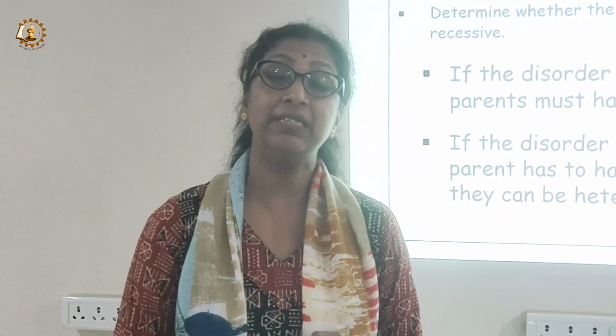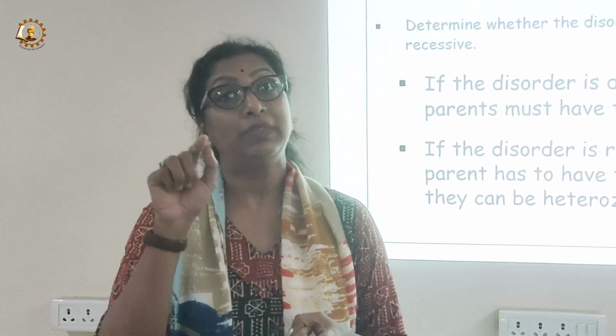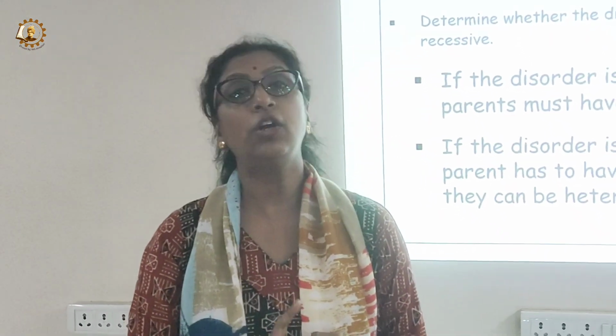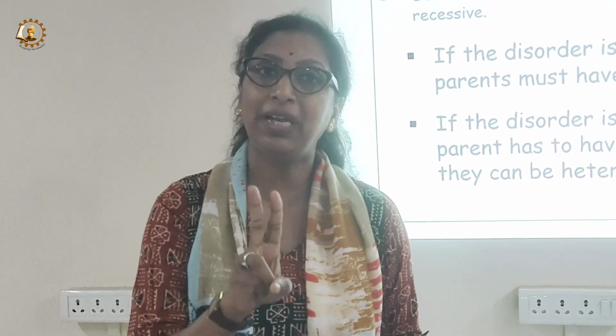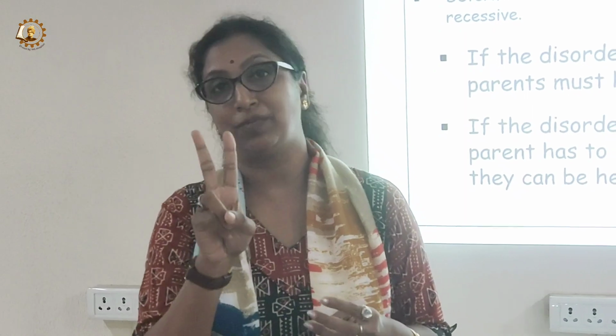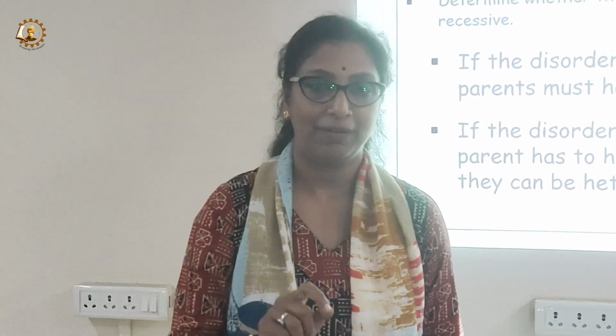The second option is that both parents are heterozygous, so any one of the children may receive the recessive allele individually from both of the parents. Then he or she will be an affected individual.